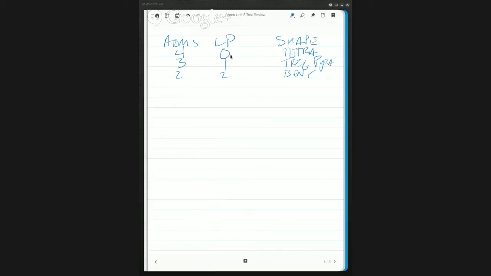But you'll notice that 4 plus 0 equals 4. 3 plus 1 equals 4. 2 plus 2 equals 4, okay? So these are all in that tetrahedral family, just meaning that there are 4 things on the central atom.